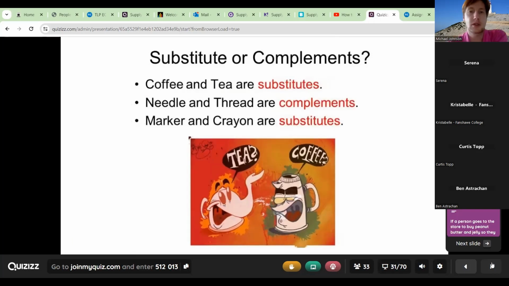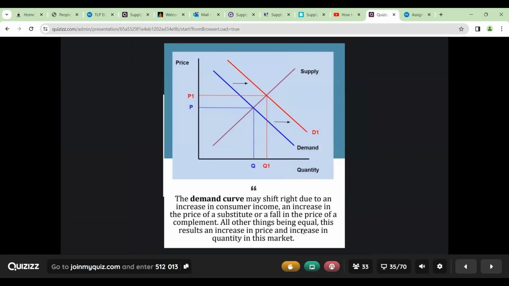So coffee and tea are substitutes. Due to an increase in consumer income, an increase in the price of a substitute, or a fall in the price of a complement, all other things being equal, this results in an increase in price and an increase in quantity in the market. So the demand curve shifts right due to an increase in income, and the demand curve shifts right when the price of a substitute increases.